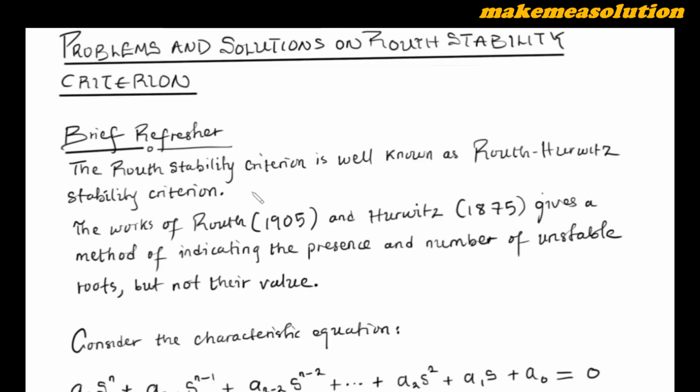Actually, it's together, like somebody building on the work of someone. As you can see, Routh did his work in 1905 and Hurwitz did his own work a lot earlier, in 1875, and both of these geniuses, their work gives a method of indicating the presence and the number of unstable roots, but not their value.